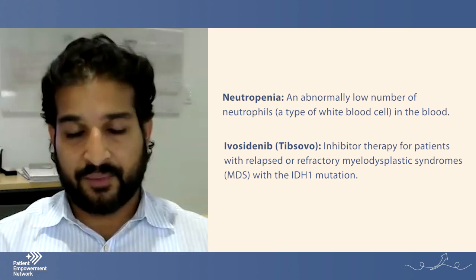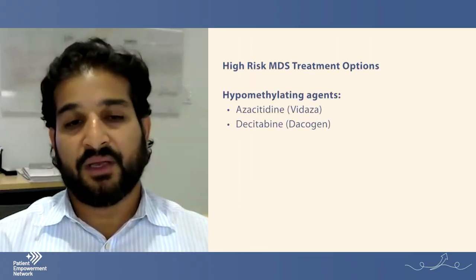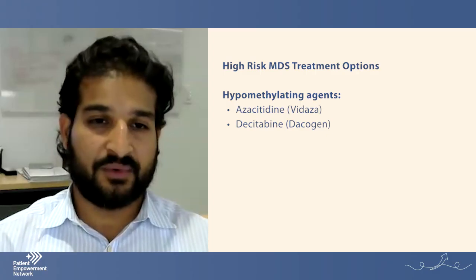Then there is high risk MDS, wherein a lot of studies have come through, but there are two drugs that have always stayed for the last 2 decades, the hypomethylating agents, azacitidine and decitabine. In high-risk MDS, the disease is very different from the low-risk MDS.